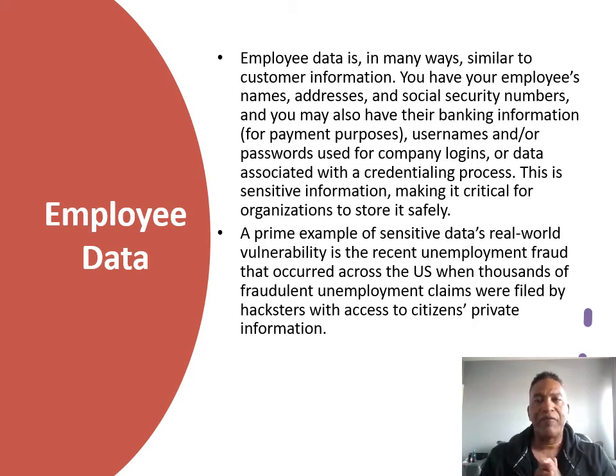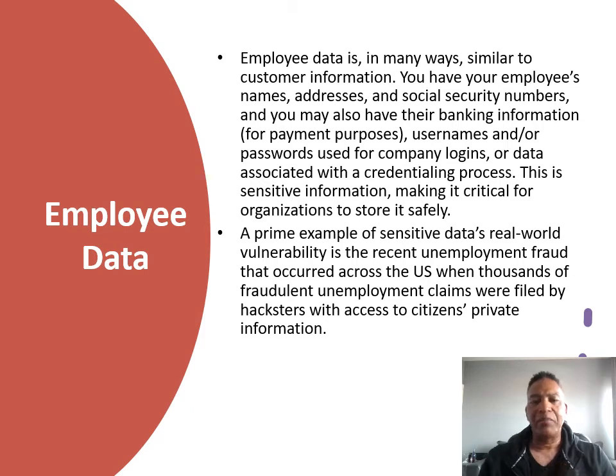Okay, so now if we're in a company and we're thinking about sensitive data, employee data is in many ways similar to customer information. The employee's name, addresses, social security numbers, maybe even things like their health records become very sensitive information because it can be used to disrupt their lives.